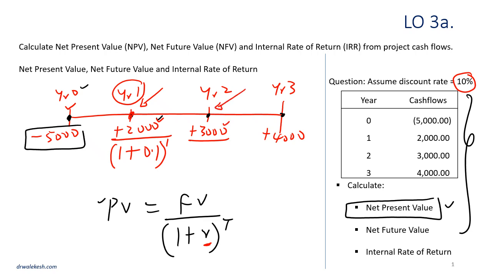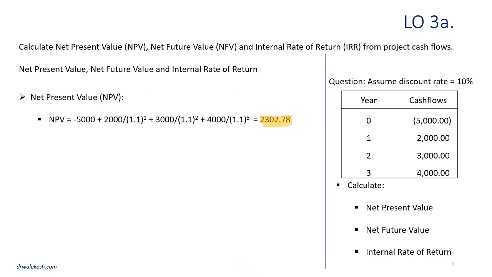Discounting this back to today will be 3,000 divided by 1 plus 0.1 raised to power 2. 4,000 is end of year 3. So it would be 4,000 divided by 1 plus 0.1 raised to power 3. So if you add this plus this plus this plus this, then I expect you to get this.